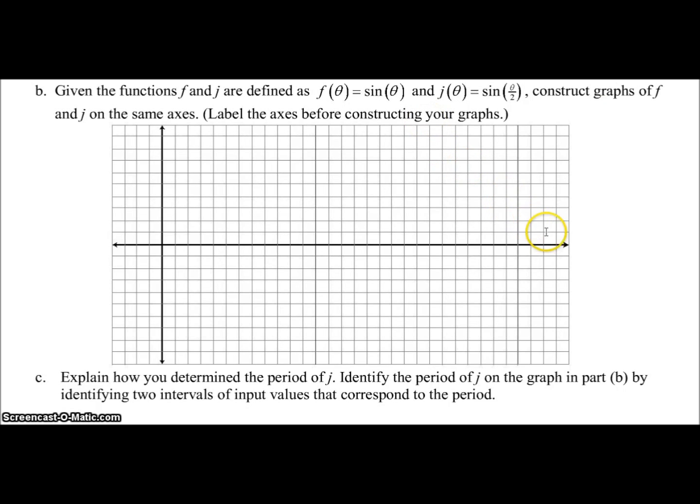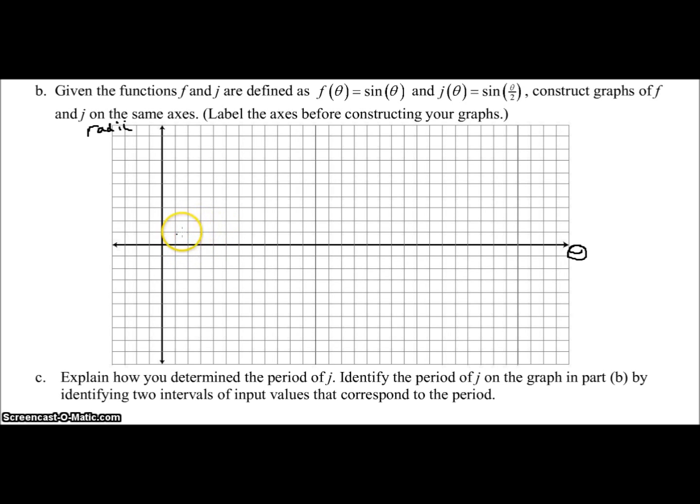So let's say that the horizontal axis is the angle measure theta in radians, and the vertical axis is just radii, which is the output of the sine function.